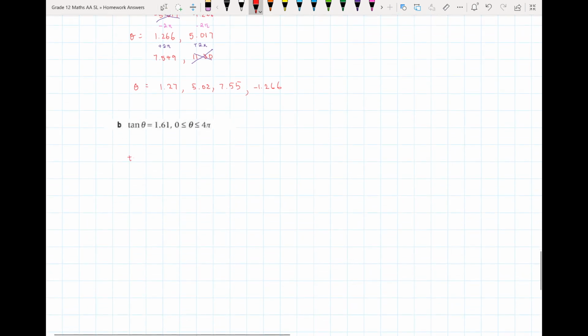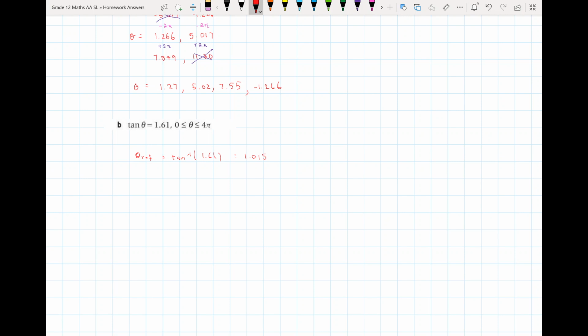Okay, so tangent. So the reference angle is this here. Now, I haven't mentioned this before, but tangent is actually special because you can collect the two angles into just one particular angle and then just add a period of pi on top of the solutions.